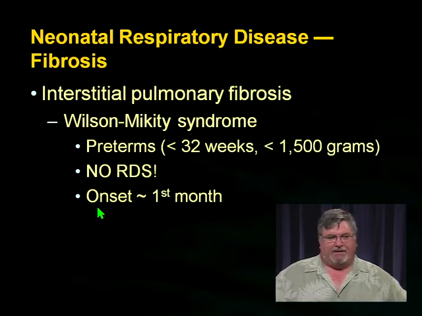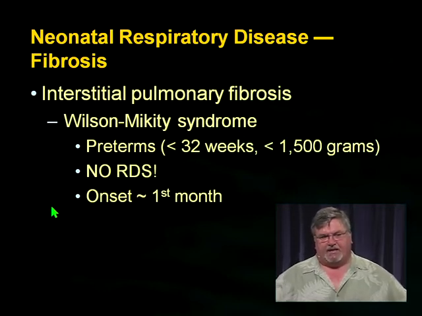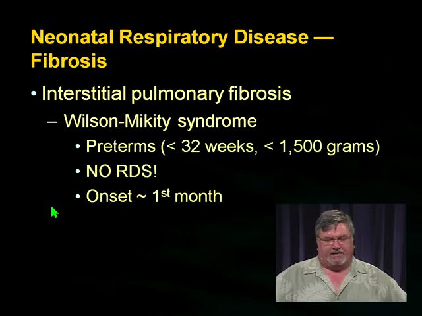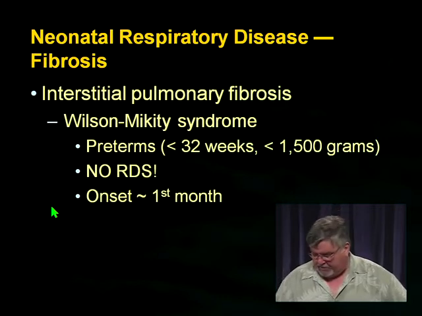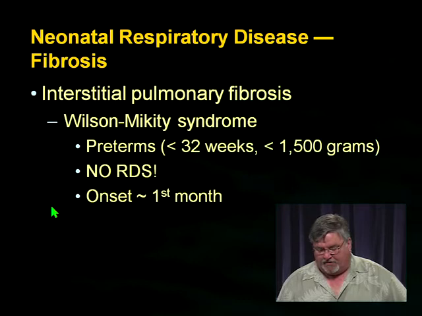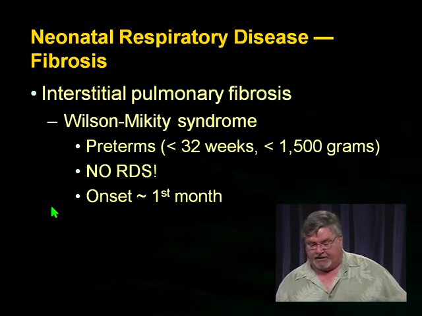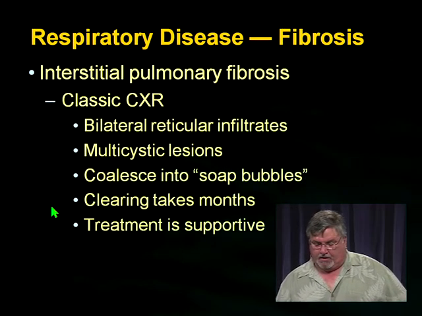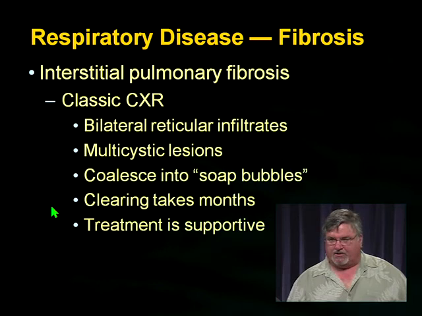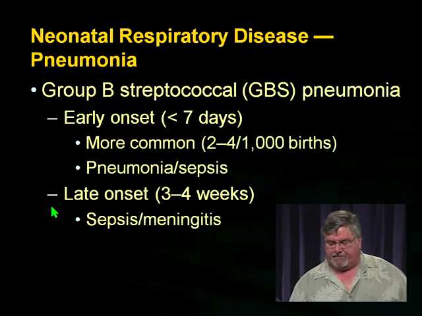So it's the same disease mechanism, but these children never had RDS. I'm here to tell you I've never made this diagnosis, but the test makes the diagnosis. So interstitial pulmonary fibrosis, Mikity-Wilson syndrome, or Wilson-Mikity if you're a Wilson fan. The critical component is that these babies never had RDS. So their chest x-rays look just like kids with bronchopulmonary dysplasia.